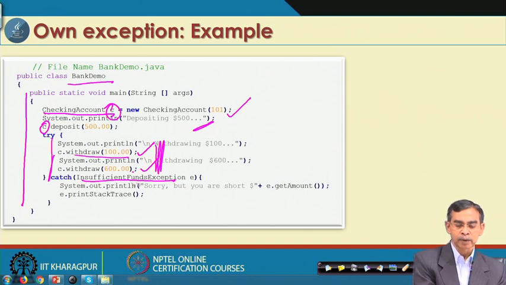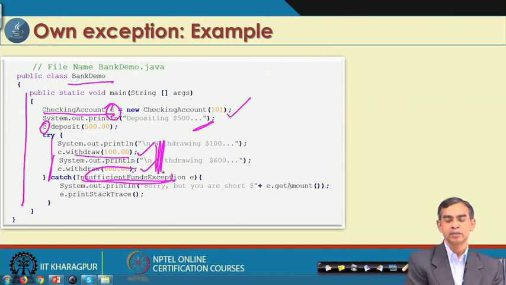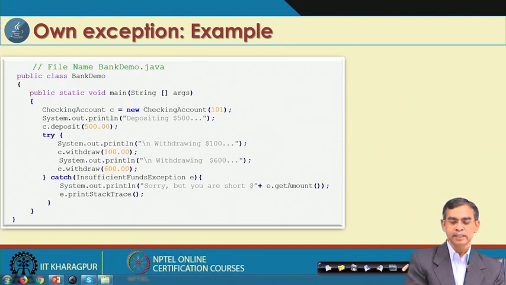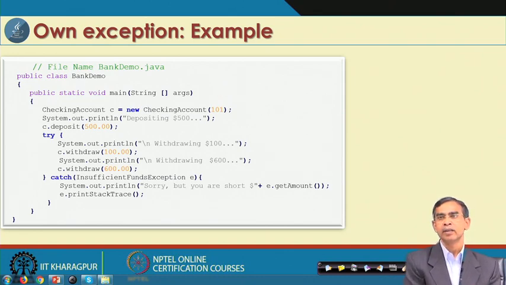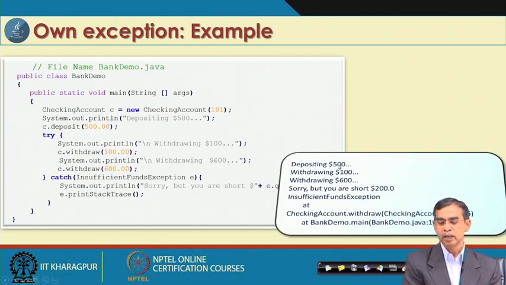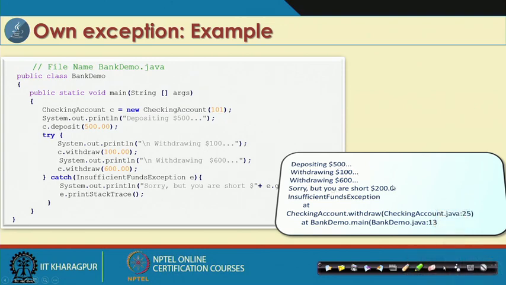So, this is our own exception, a user defined exception, as you can note here. Now, there are a few instances that may occur. If you run this program, the entire class declaration that we have discussed, there are a few instances of the output that we can see: depositing $500, withdrawing $100, and then "Sorry, but you are short of 200" with the InsufficientFundException. It shows the different situations when this program is executed.